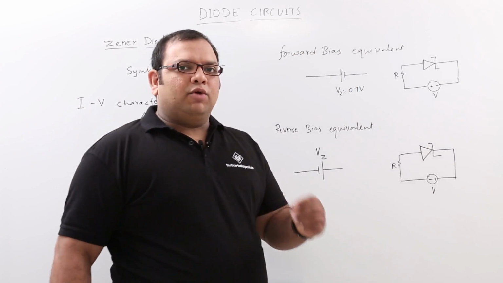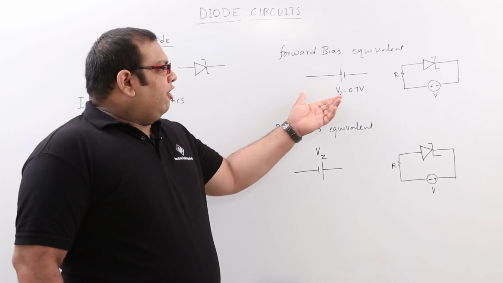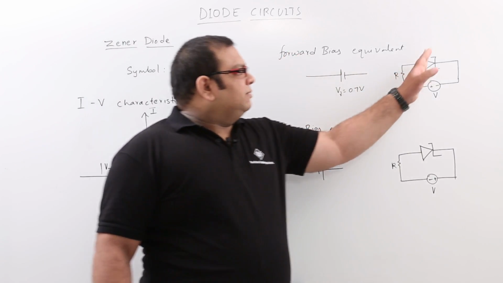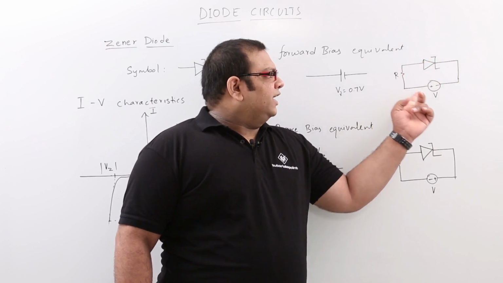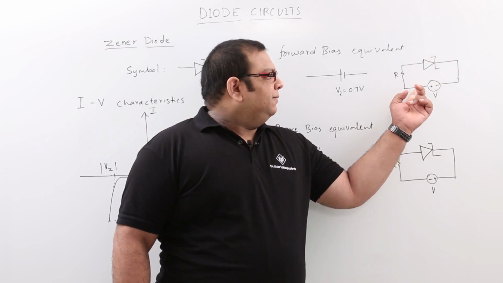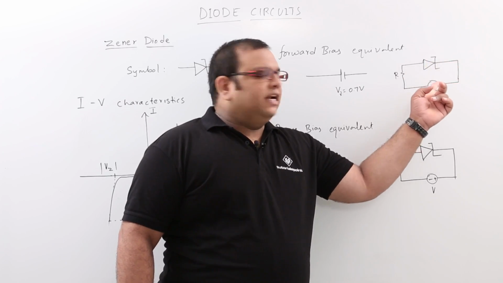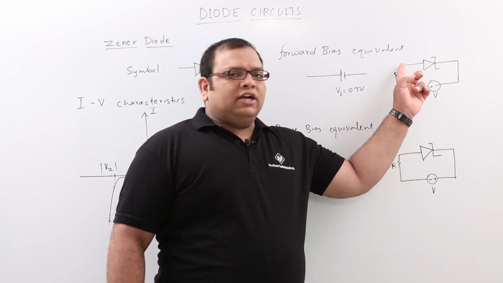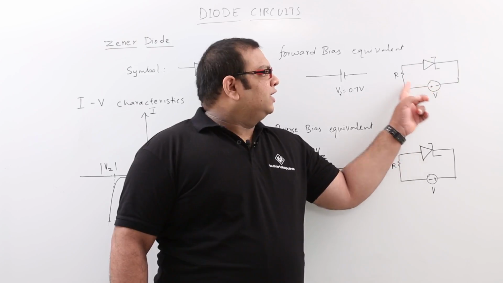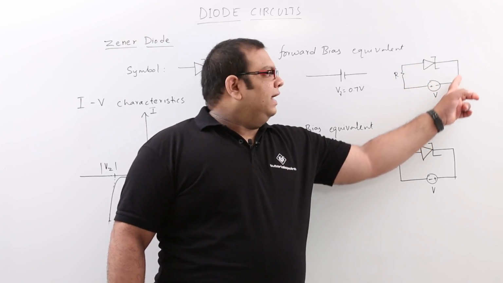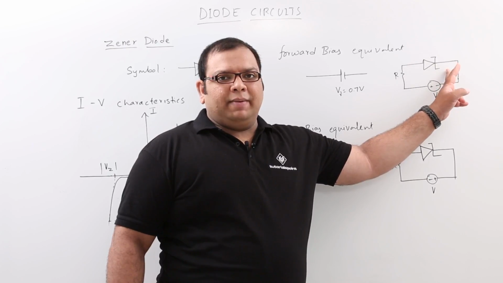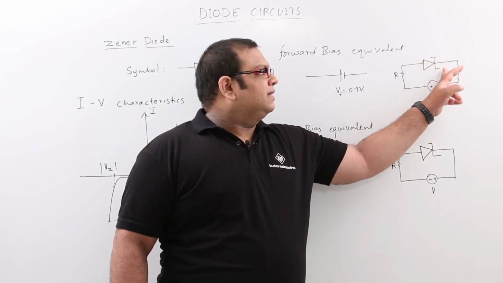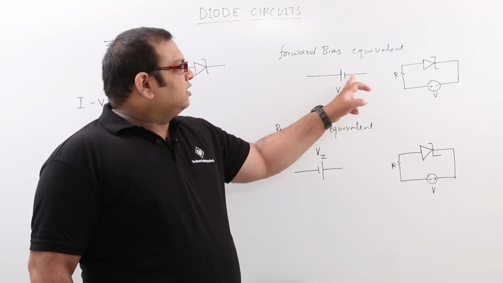And when you see the equivalent model for the Zener diode in the forward bias region, observe this is the Zener diode circuit. The positive side is connected to the positive terminal of the voltage, and the negative side is connected to the negative side of the voltage. Here on the positive side the holes will repel, and on the negative side the electrons will repel. So this junction will go into the forward bias region.